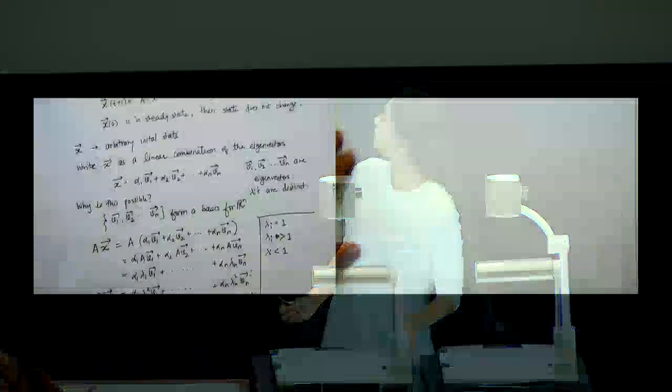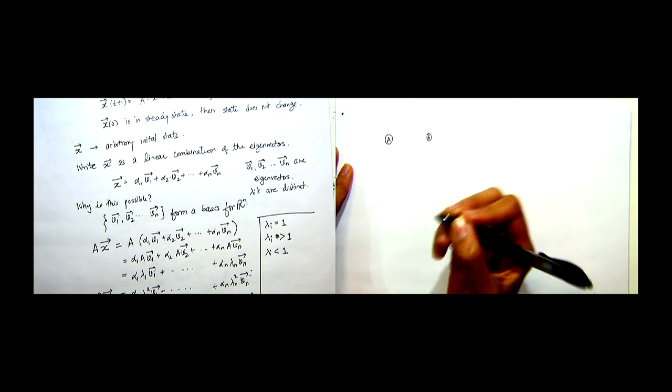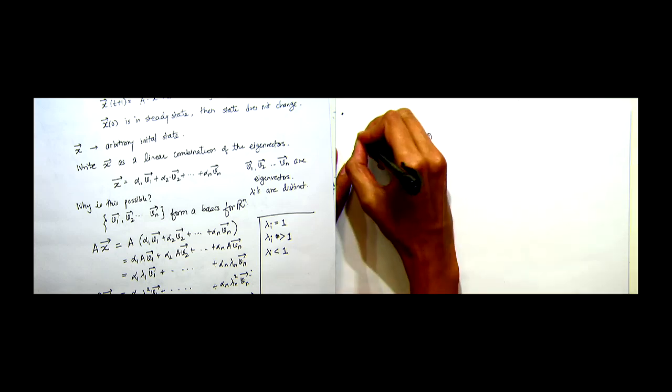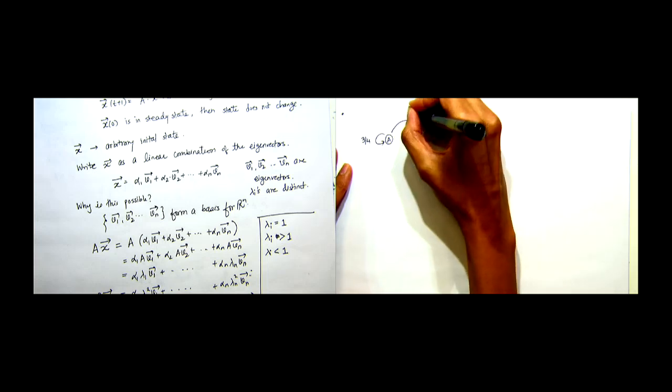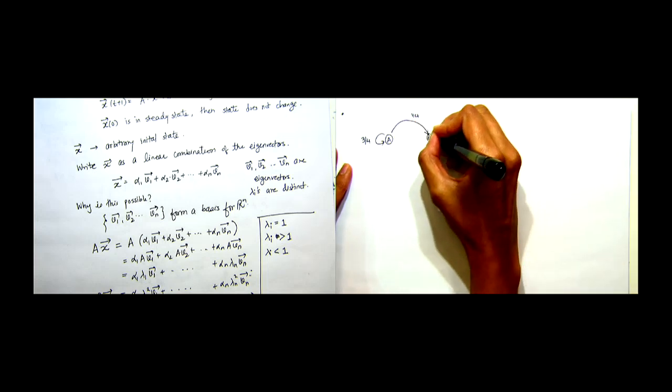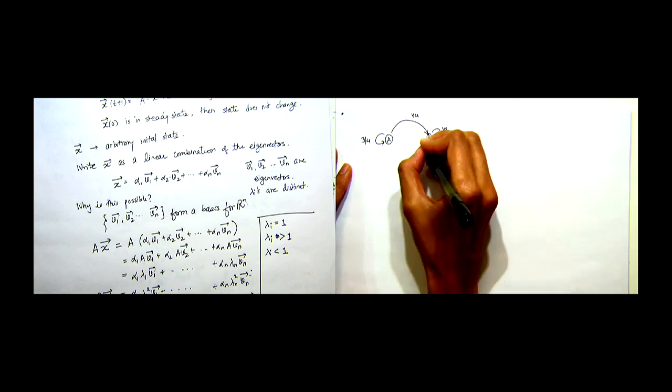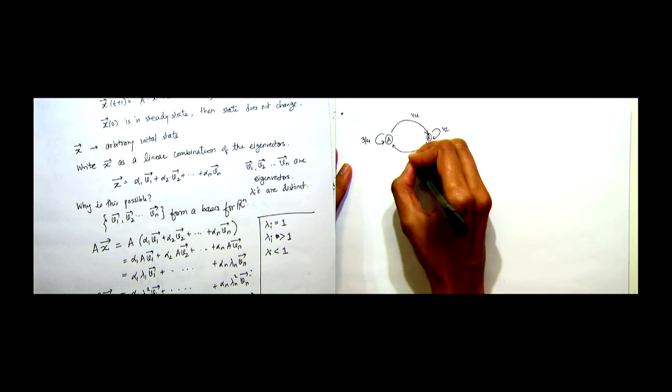Okay, so to answer that question, we won't fully prove it, but we will do a simple example that will hopefully elaborate. So let us consider the following example. A, B, 3/4, 1/4, 1/2, 1/2.